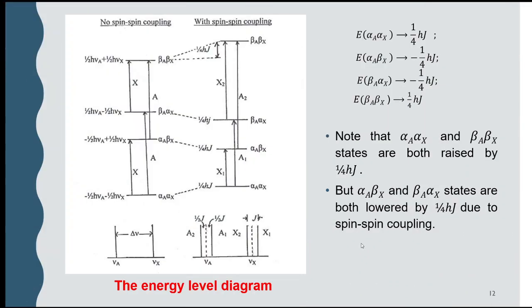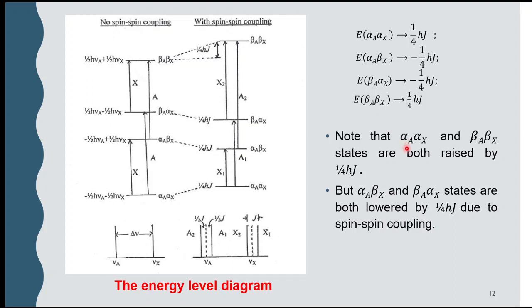So how will it look? This is when there is no spin-spin coupling, but when there is spin-spin coupling, you see that this is raised by quarter hJ, and when it's opposite spin, you have a reduction of negative quarter hJ, and so on and so forth.